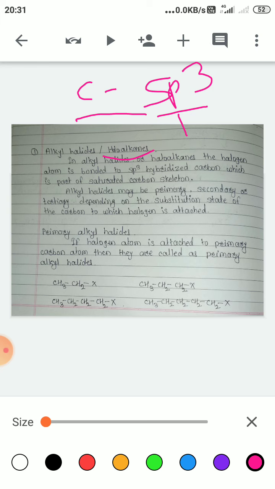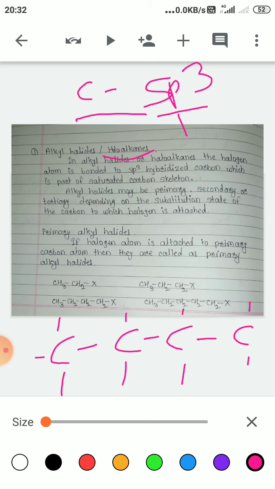skeleton. Now saturated carbon skeleton means it must contain all carbon-carbon single bonds. That means all carbon atoms are sp3 hybridized. And any carbon atom can carry this halogen atom, terminal as well as middle carbon atoms.